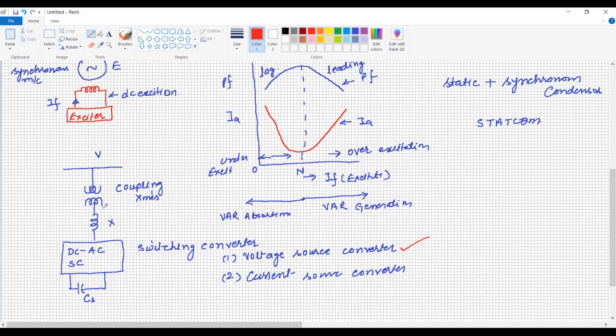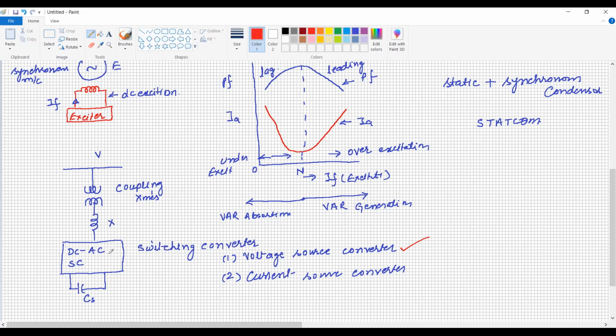Now look at this figure. It is analogous to the synchronous machine connected to the transmission line under overexcitation or as a condenser. It is a coupling transformer, reactance, and this is the switching converter. Instead of the synchronous machine, it is the switching converter. Now, all these parts are static.